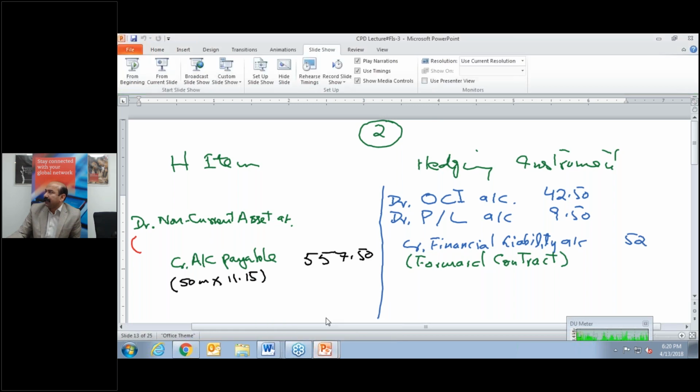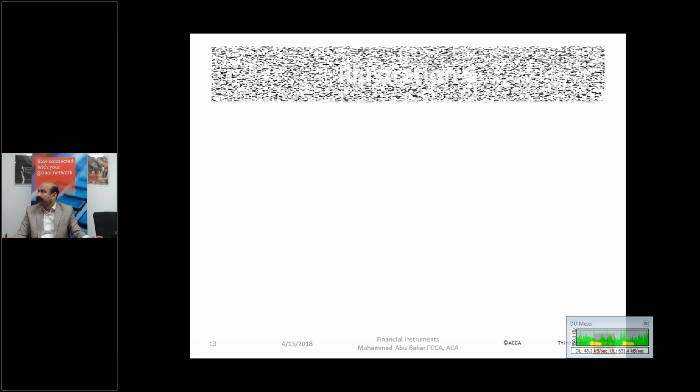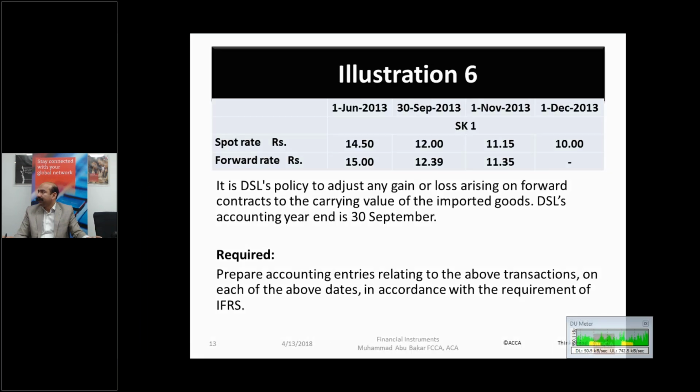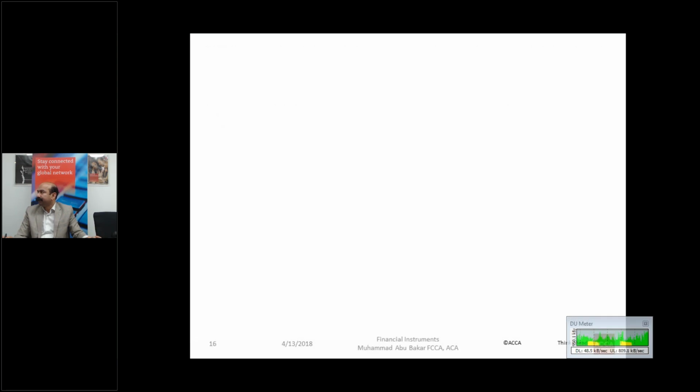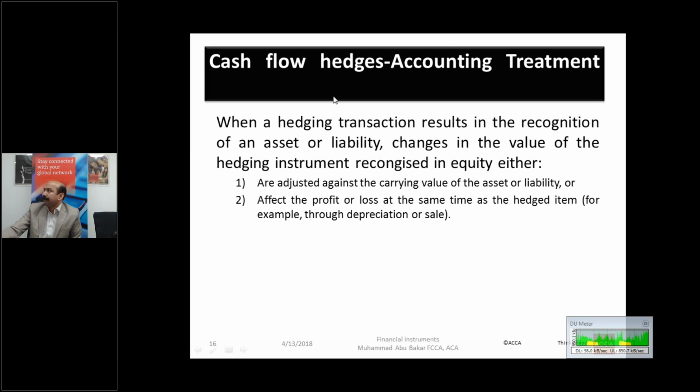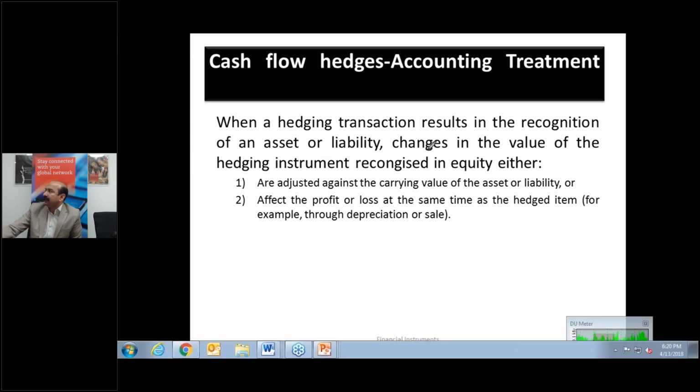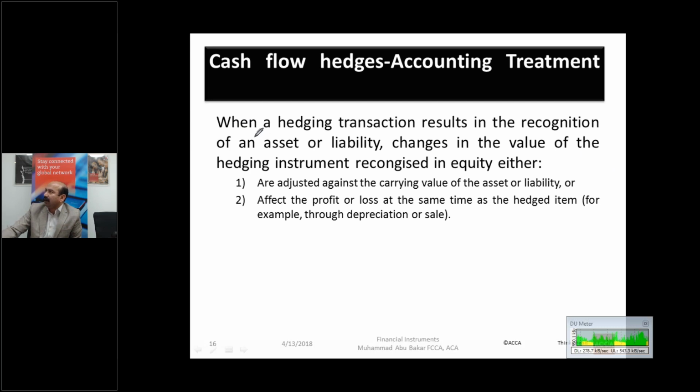From there we can see a very important principle, and that is when a hedging transaction results in the recognition of an asset. Here that hedging transaction is resulting in the recognition of a non-current asset, mean property, plant and equipment. So what will we do?